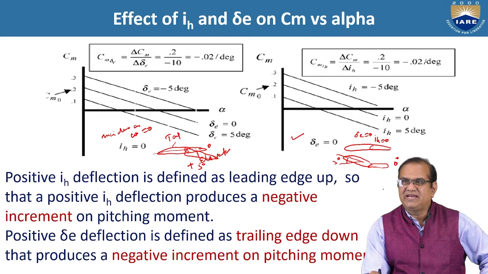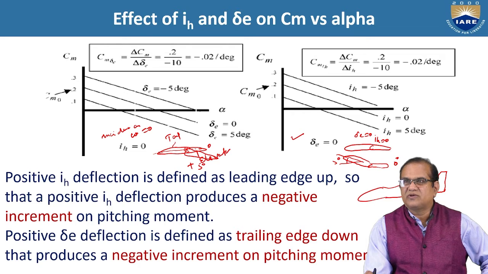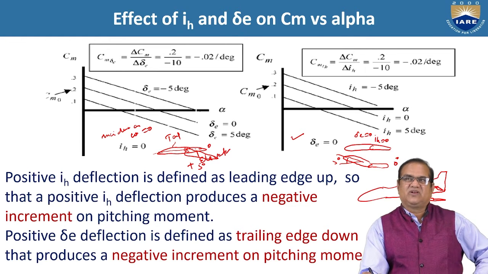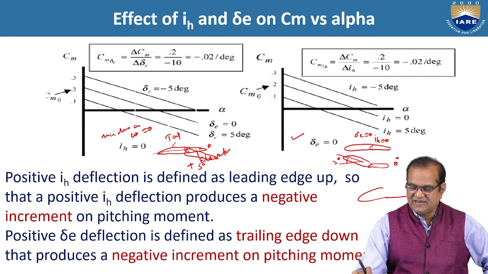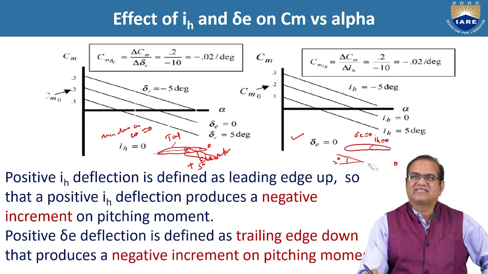So if you make the aircraft like this, it is 0 and this is the elevator. So either you can make it like this, or you can make IH 0 and deflect the elevator like this. Okay, so these are the cases which we have to understand.